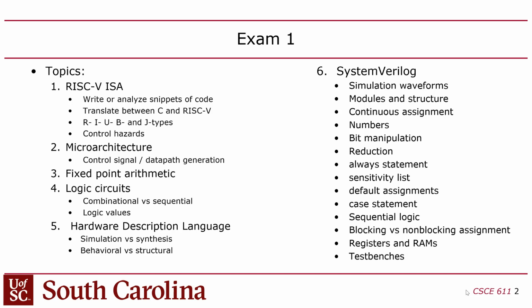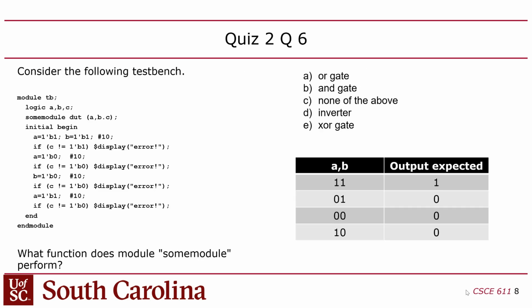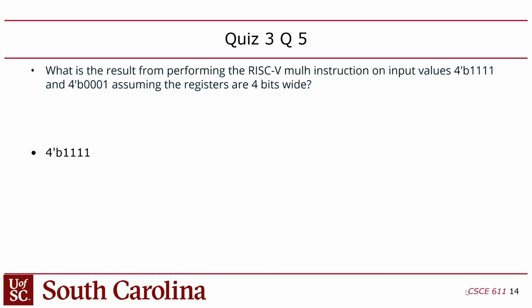Default assignments are used whenever you have an if statement inside an always statement, because default statements are just when you basically assign all the outputs up at the top of the always statement, and then you can have some if statements underneath there. And the default statements just make sure that you assign all the outputs. Now this is important in this class because when you make your control unit, a lot of the control signals, like you might have noticed when we were going over the control signals, let me skip ahead here a bit.